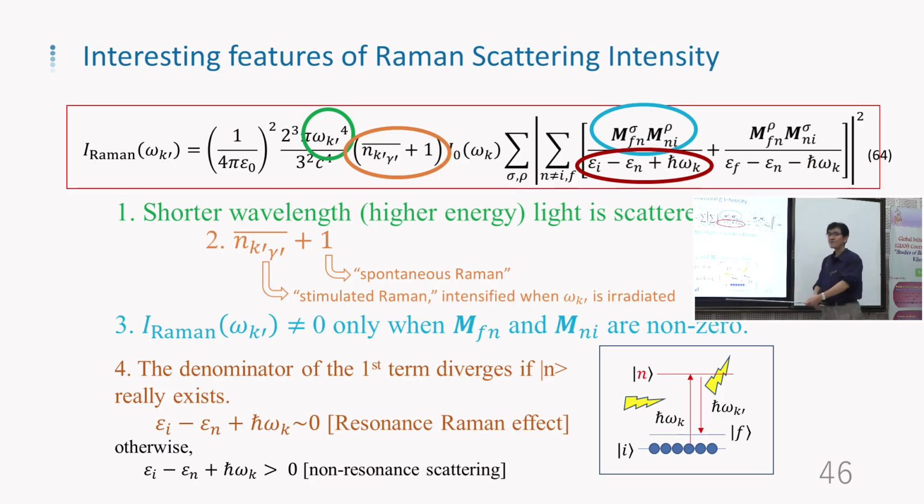Actually, we have no chance to detect an infinitely intense signal. Based on this expression, if this is 0, the intensity goes to infinity, but in reality, some enhancement is observed.